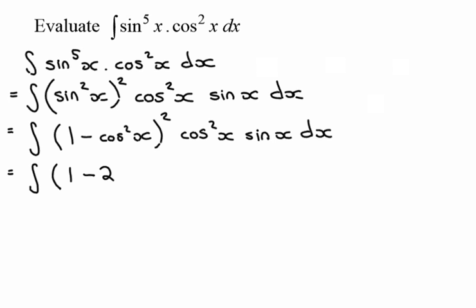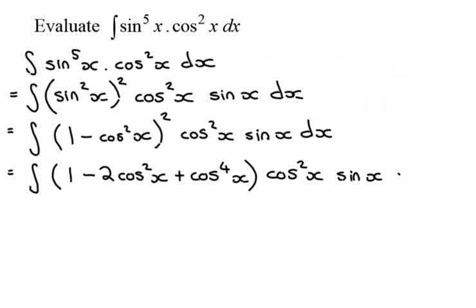So it's 2 cos squared x. Square the last term, plus cos to the power of 4x. And it's being multiplied by cos squared x and sine x with respect to x.